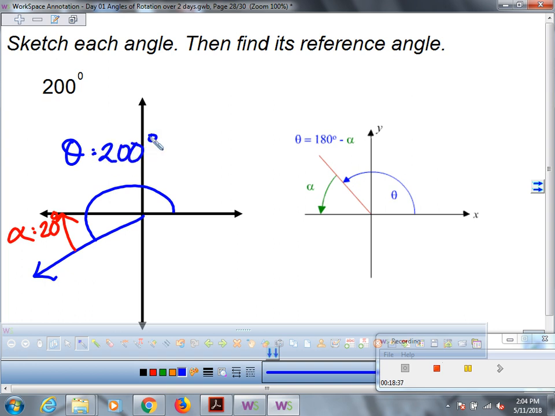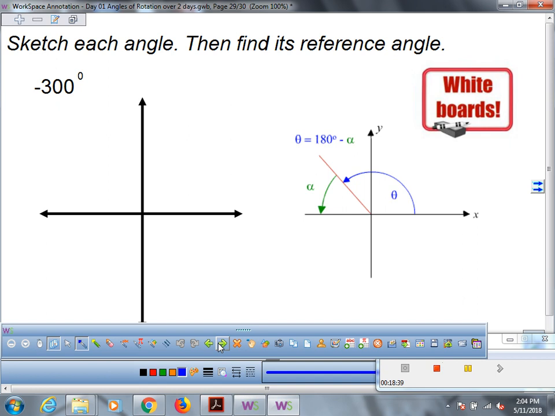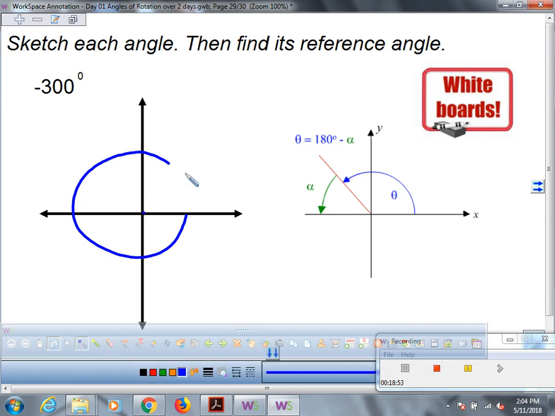One more? Negative 300. So I'm going to go negative 270 plus 30. If I went 30, isn't it going to be 60 here?